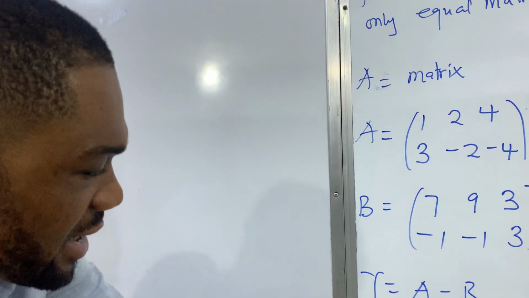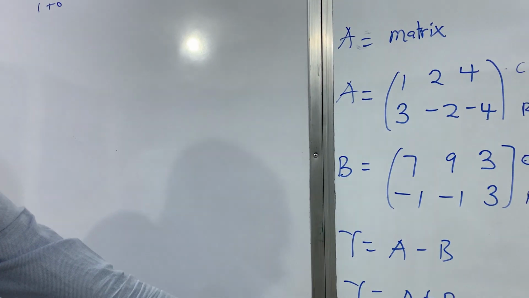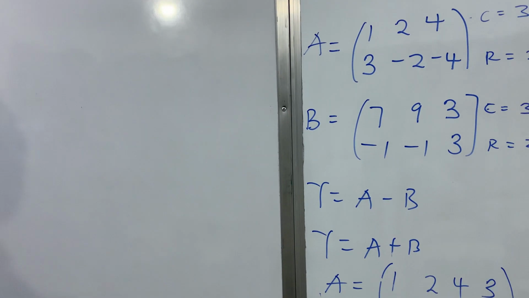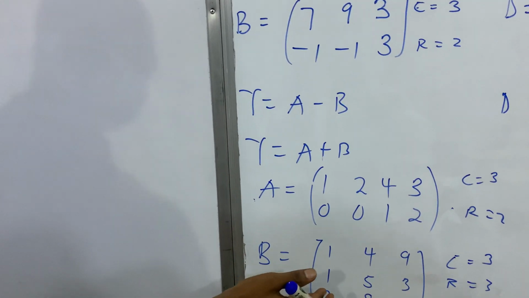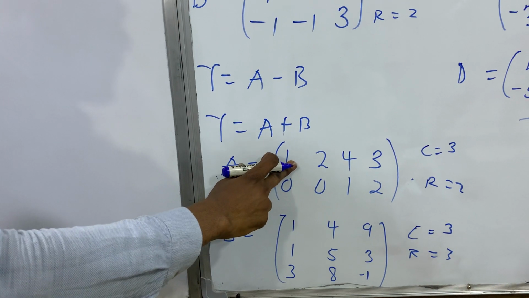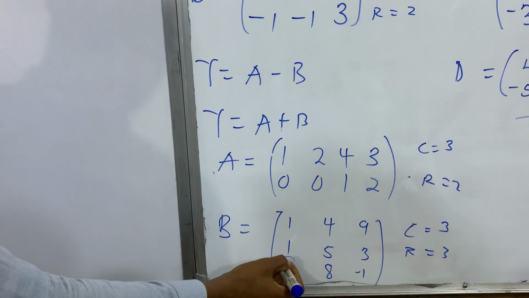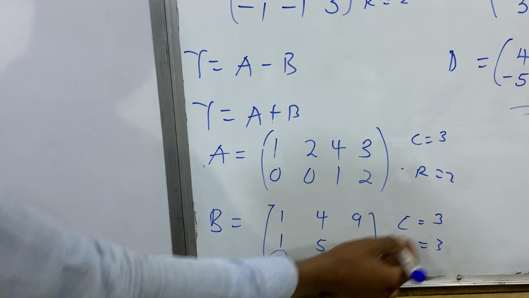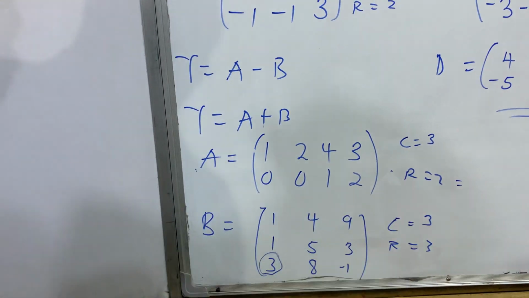Now, 3 doesn't have a matching element here. So it means that you cannot add matrix B and matrix A together, because the number of rows here is not equal to the number of rows here.